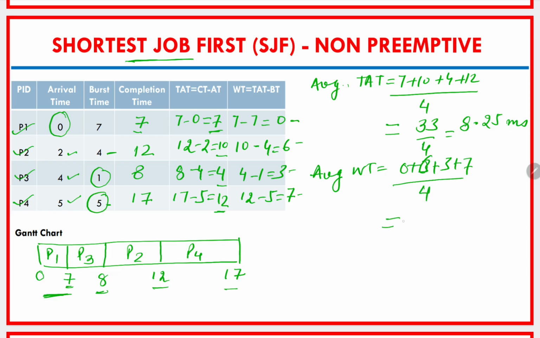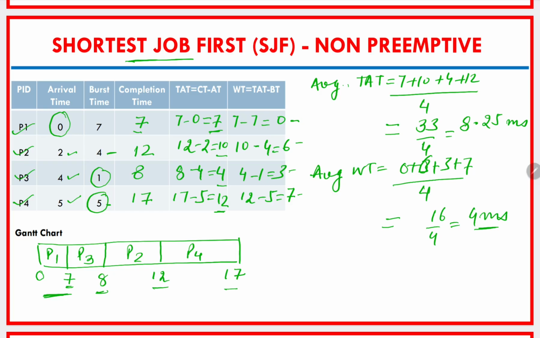So this comes out to be 16 upon 4. That means the average waiting time for this system is 4 milliseconds. So I hope you got the idea of how the shortest job first non-preemptive scenario works.